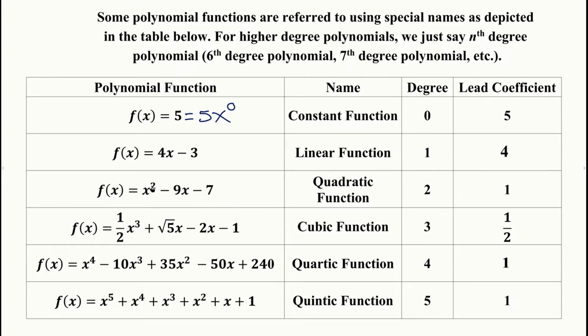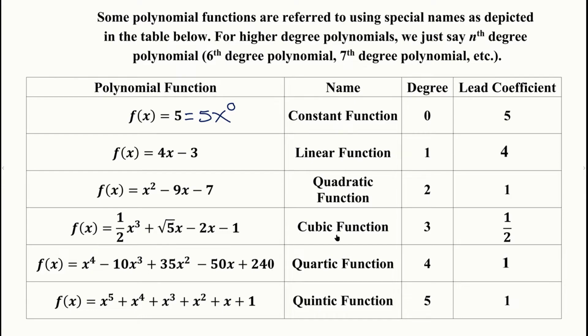So you can see the highest degree term is x squared, then we have negative 9x, then we have negative 7. This is a second degree term, this is a first degree term, this is a 0 degree term. So the degree of the whole polynomial, which is the same as the degree of its highest degree term, is going to be 2. The lead coefficient is invisible, but it's there, it's a 1, okay?